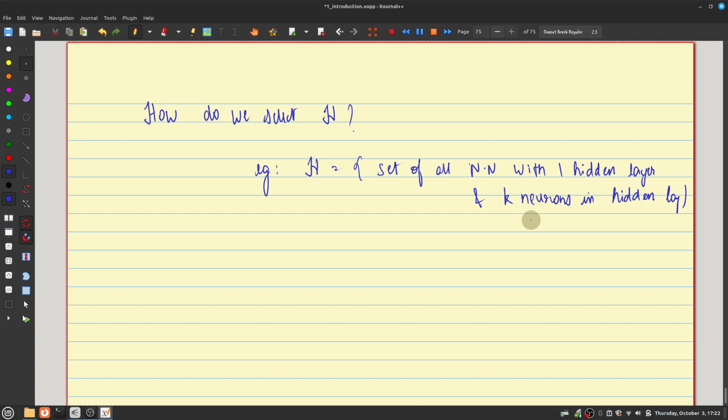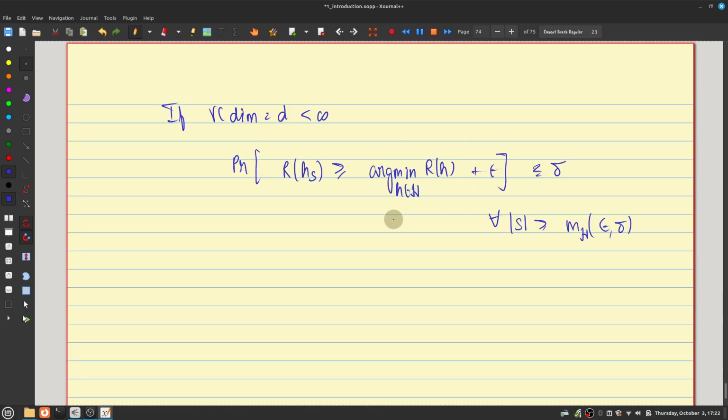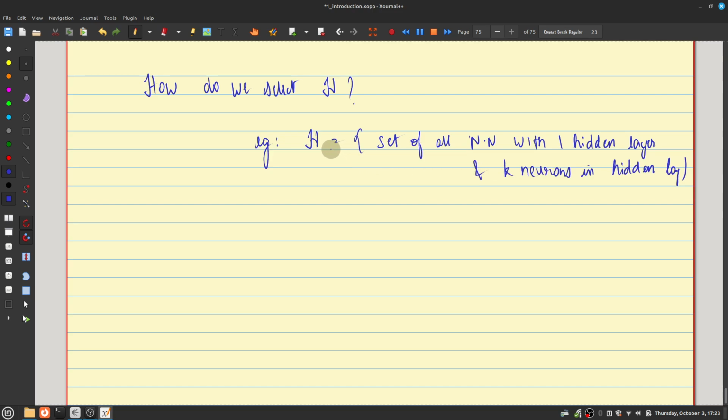So you're increasing complexity, but potentially this could decrease as k increases, right? And in fact, that does happen because it's a known result that if you let k tend to infinity, then it's a good function. No matter what function you have, as long as it's a smooth function, this class of functions can be well approximated.